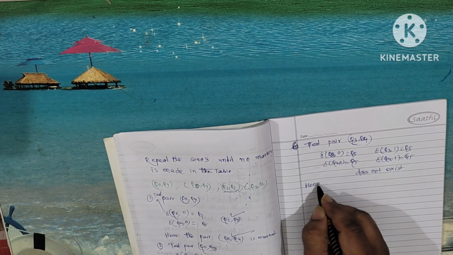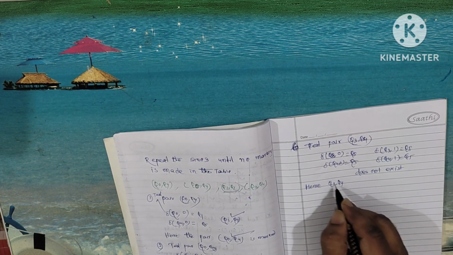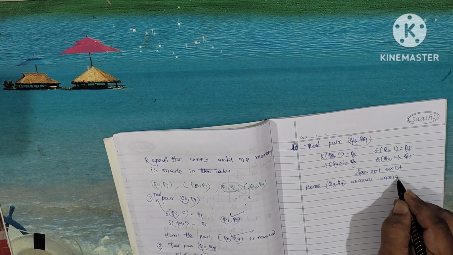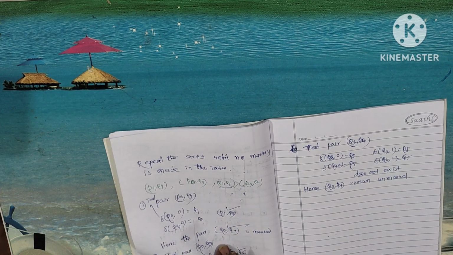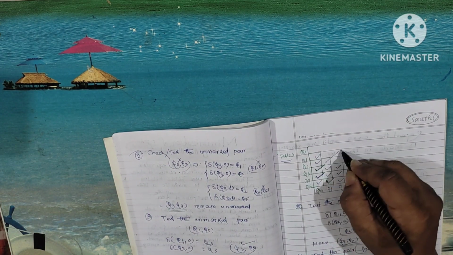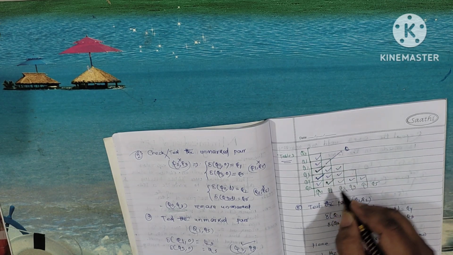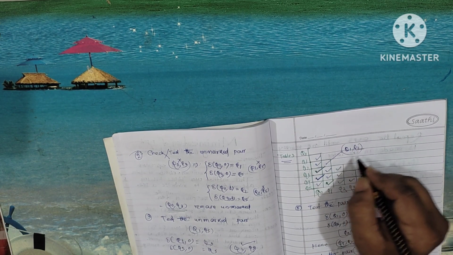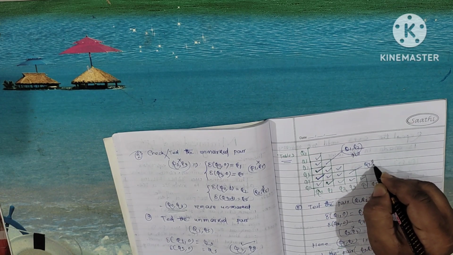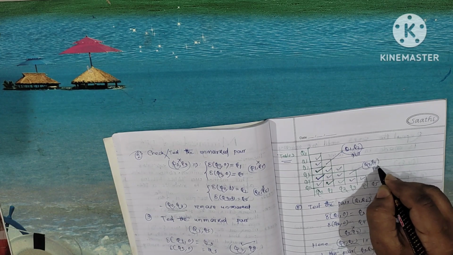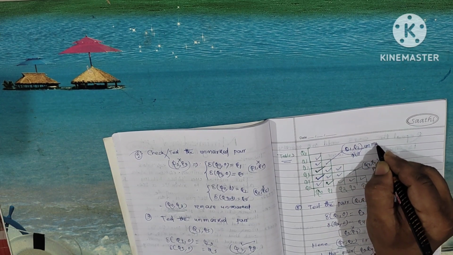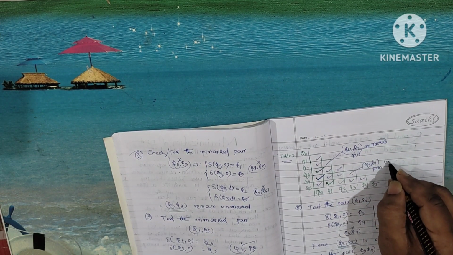Hence, Q3, Q4 remain unmarked. So we complete all that. Finally, the last table which we have drawn here, this one Q1, Q2 pair, and this one Q3, Q4 pair remain unmarked. This is unmarked. This is unmarked.